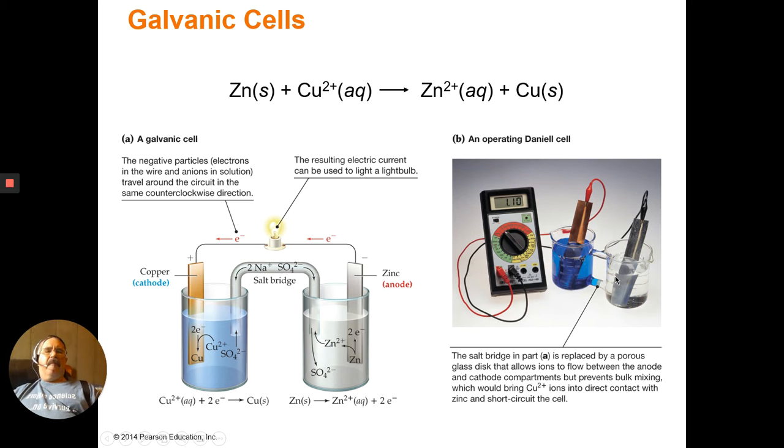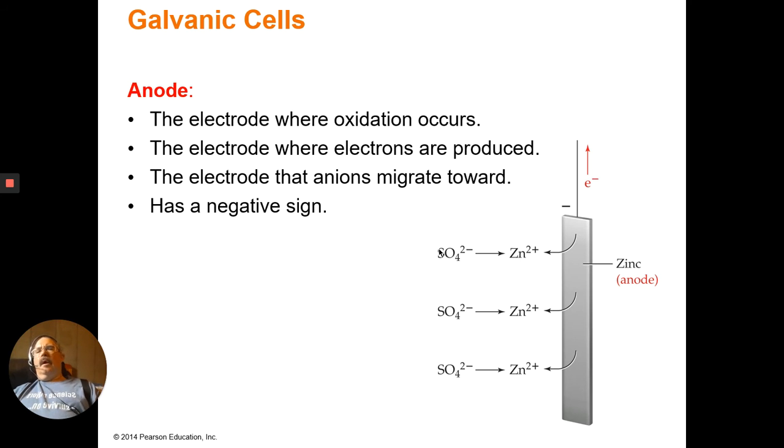Here we have the galvanic cell connected to a voltmeter, and it's showing that the voltage is 1.10, about 1.1. The two electrodes are called the anode and the cathode.